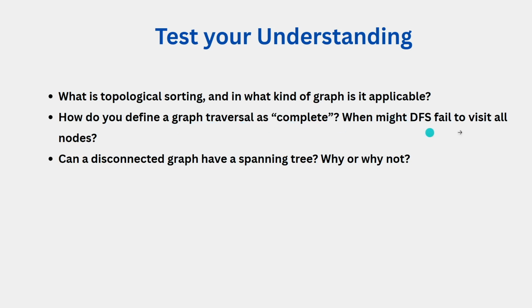How do you define a graph traversal as complete? Suppose you have started from a start vertex on a graph and performed a depth first search, and if you are able to visit all the vertices in that graph by backtracking, then we can say that the graph traversal is complete and we have obtained a DFS tree.